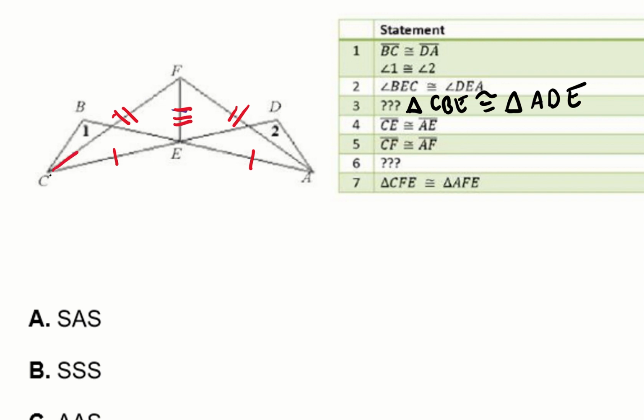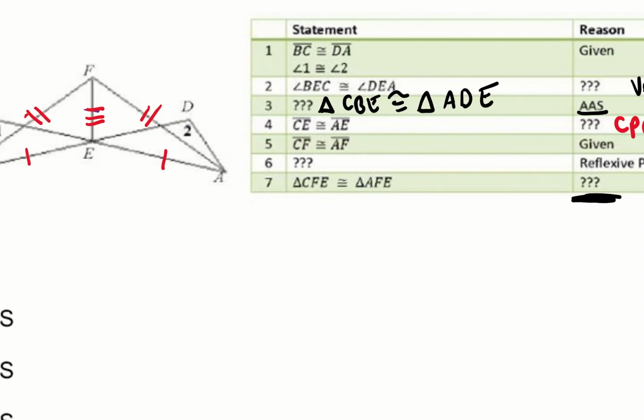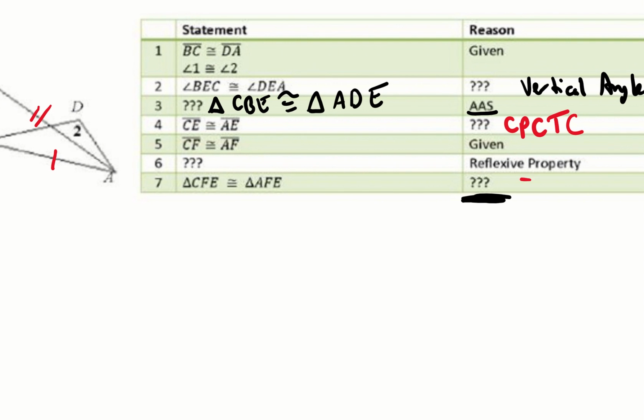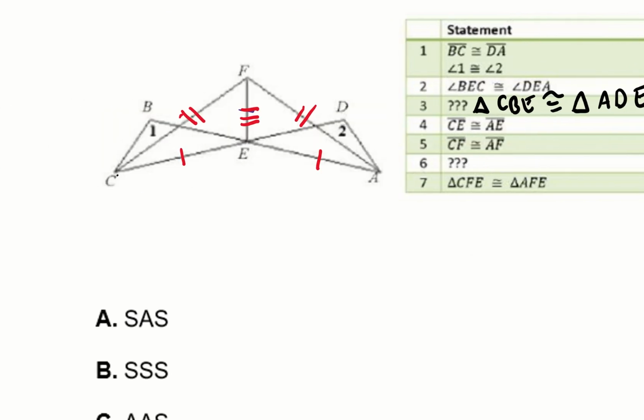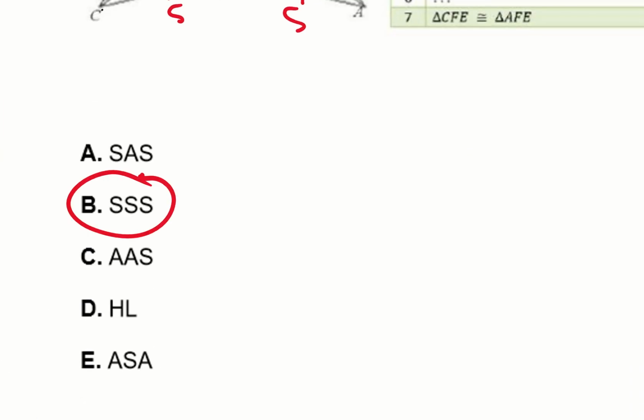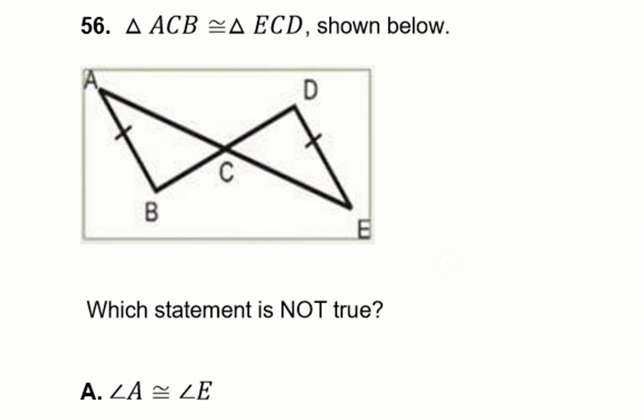And now you see that this triangle has 3 sides that we know, and this triangle on the right has 3 sides that we know. And so those two triangles are congruent by SSS, because we know all 3 sides. We have side, side, side. So SSS congruence is the final answer.